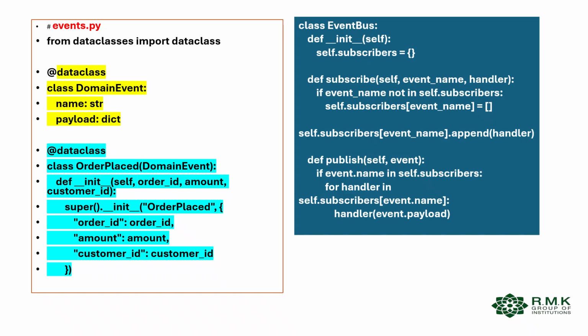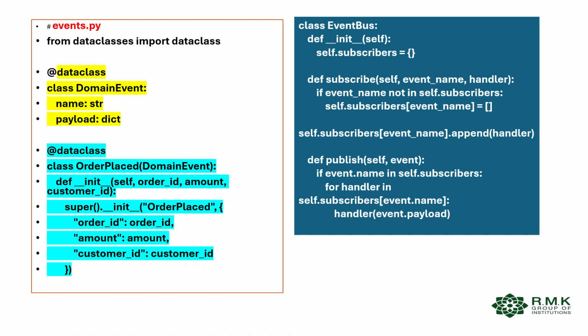Then I created the class OrderPlaced, passing the event as DomainEvent. Inside the class I created the initialization method, passing variables self, order ID, amount, and customer ID. Inside that I created a super method for the initialization, for order placement, to avoid duplicate and redundant values.